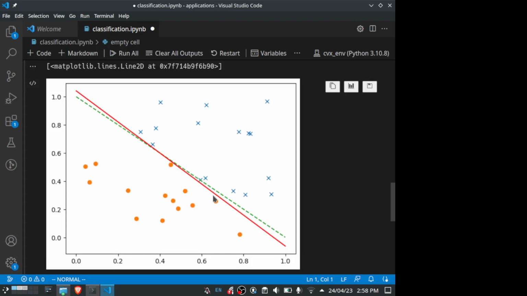This point would be the closest to the convex hull of the blue points. If you look carefully, the red line almost touches this particular orange dotted point.